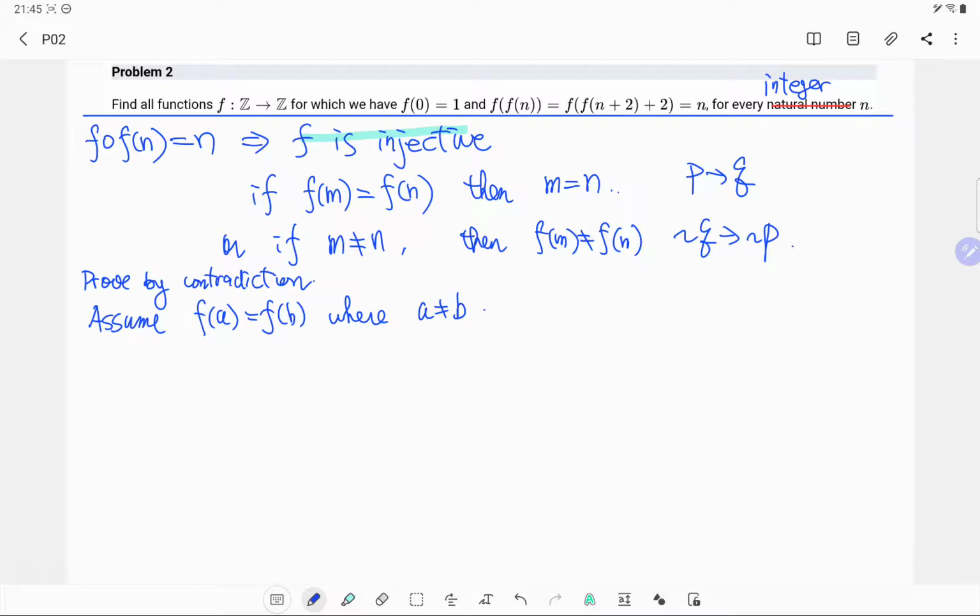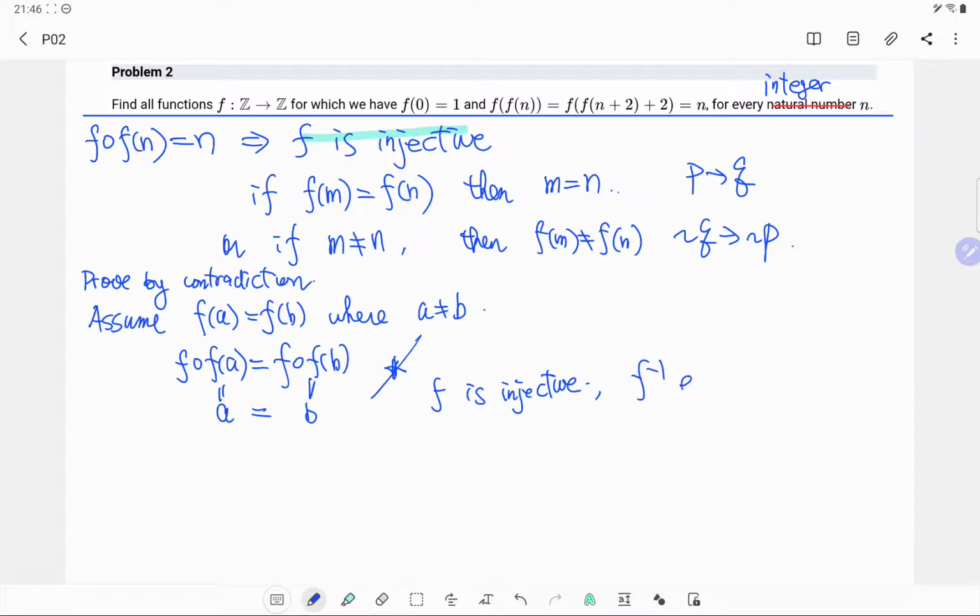So we can apply f on both sides: f(f(a)) is equal to f(f(b)). However, this is equal to a, this is equal to b, which means that a is equal to b. So we have a contradiction, which means that we successfully prove that f is injective. So f is injective means f inverse can be defined.